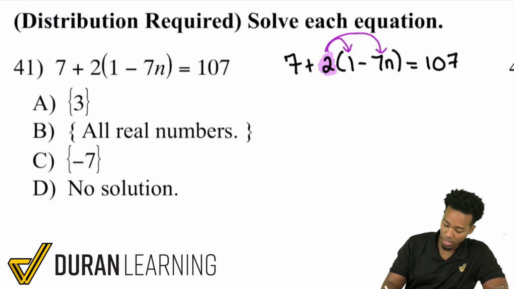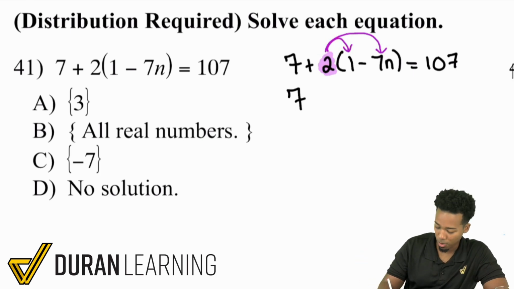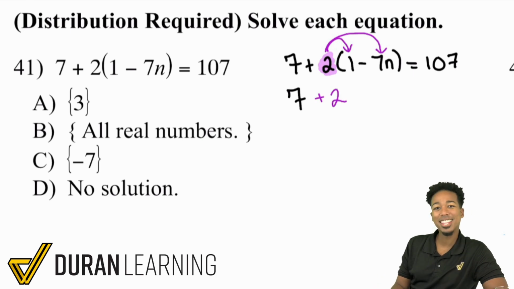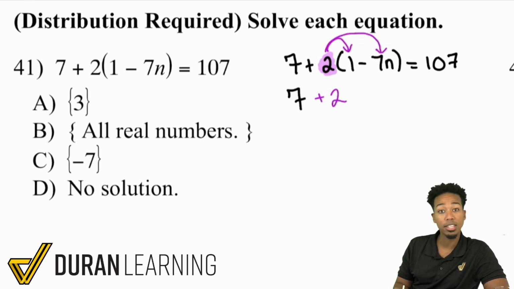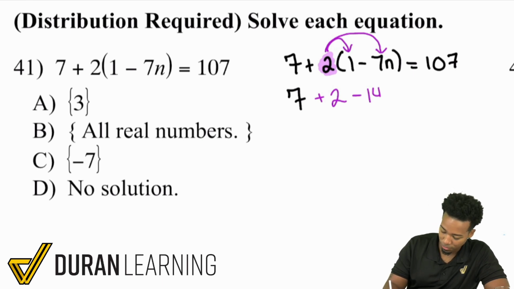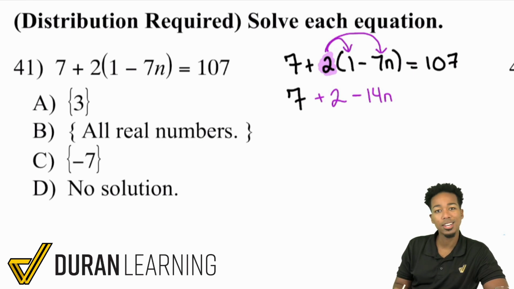So here we go. So we have the 7 still staying there. And then we have right here, 2 times 1. That's going to be hardest problem of the day, right? That's going to be 2. And then up next, we have ourselves with the 2 right here multiplied by the negative 7n. And so 2 multiplied by negative 7n, basically 2 times negative 7 is negative 14, and then include the n right there.